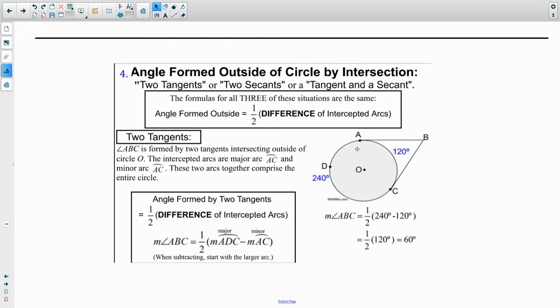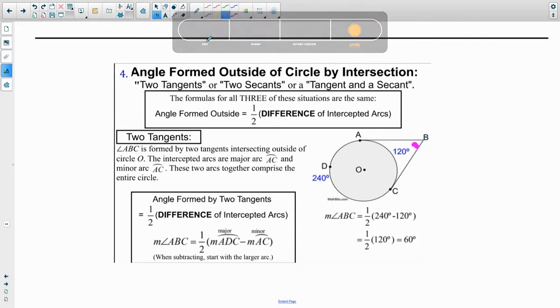Well, this particular situation that they're showing us here is one where we have an exterior angle formed. We can call it, say, angle B or angle ABC. Put a little X here, right? That angle right there.